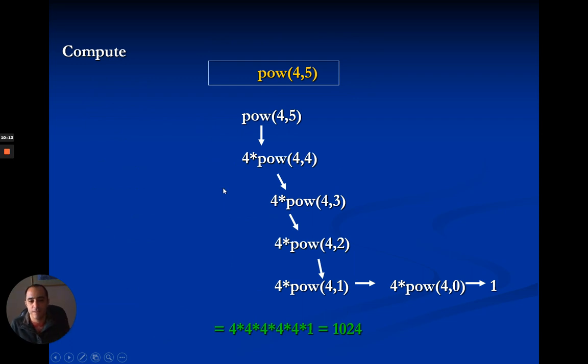Now I want you to look at this in a slightly different way, because it's important to understand what's happening here. What's being built is a tree, a path that the computer is going to follow. The power 4 to the power of 5 can be written as 4 times 4 to the power of 4, which can be rewritten as 4 times 4 to the power of 3, and so on until we get to the base case.